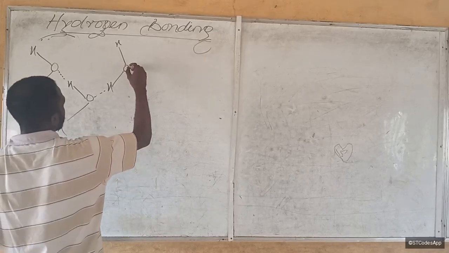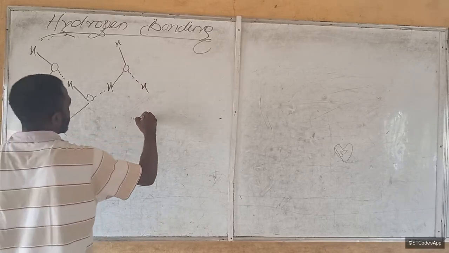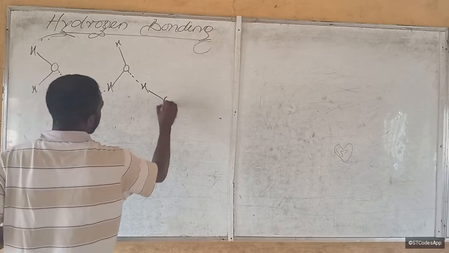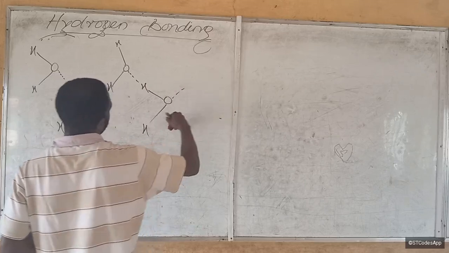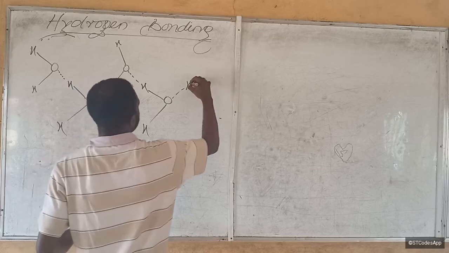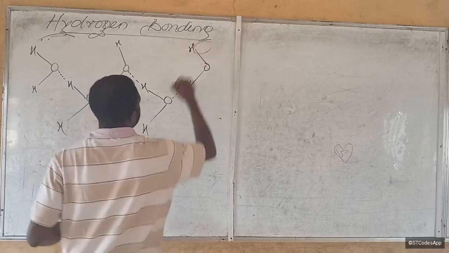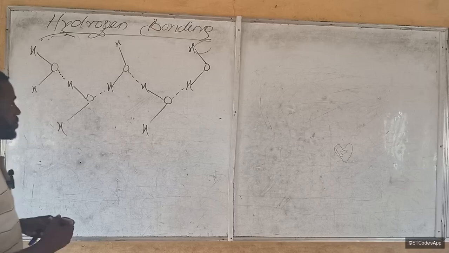Then this one will coordinate with another hydrogen, which will coordinate with oxygen, hydrogen, which will coordinate with another hydrogen, which has already coordinated with oxygen and the hydrogen. Okay, take note of the bond angles that I'm putting there using VSEPR theory.